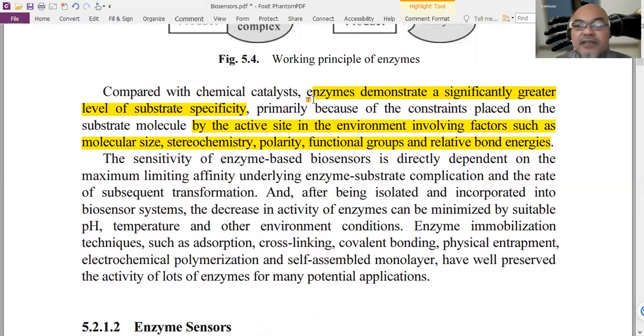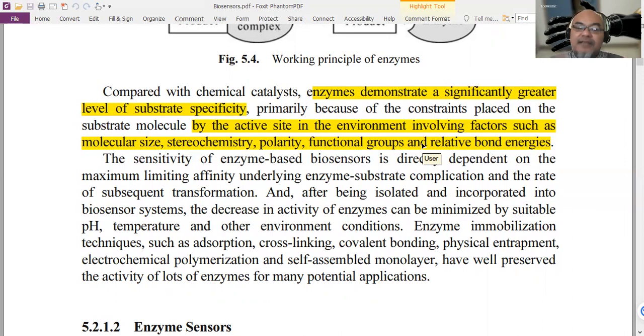And this is something that is very difficult to mimic until now. In the past, it was not easy to mimic the specificity of an enzyme because molecular size is specific to the substrate, stereochemistry is also specific, polarity differs within the enzyme, and functional group is also very specific.